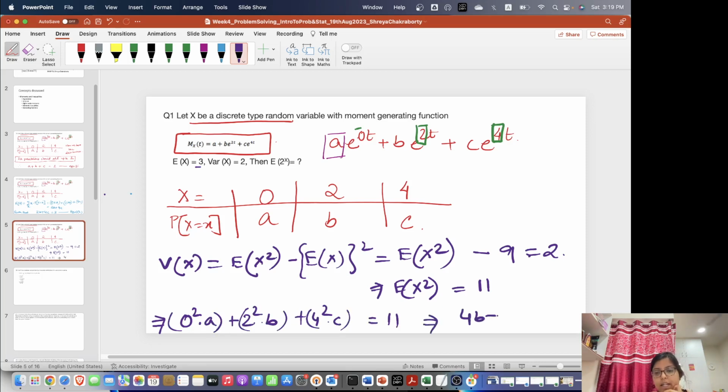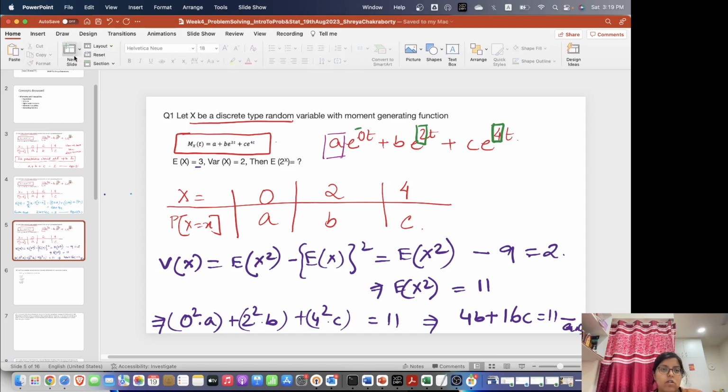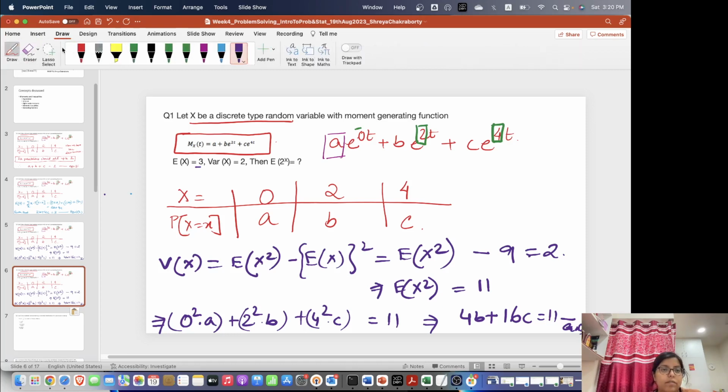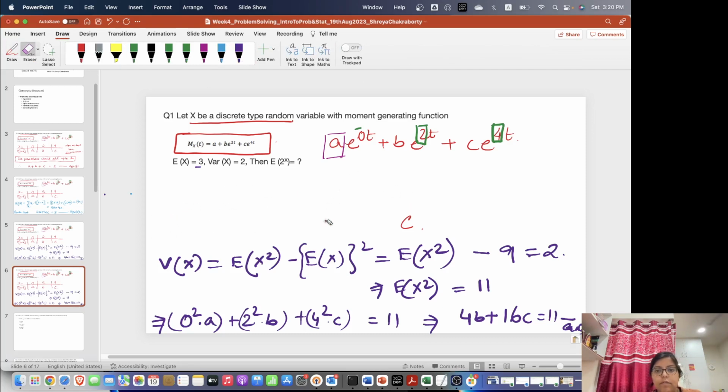That is 4b plus 16c equals 11. Let this be my equation 3. So we have 3 equations in 3 unknowns. So now ultimately we have this. If we solve for these 3 equations, what do we get? I'll write down the equations here again.